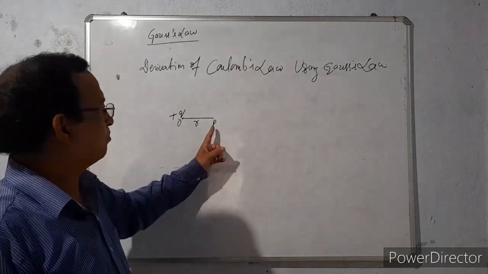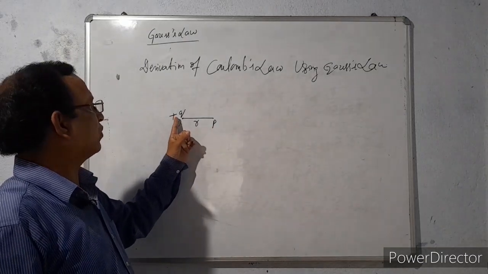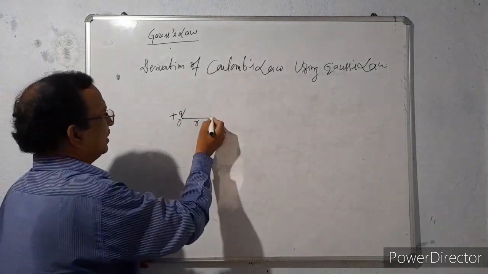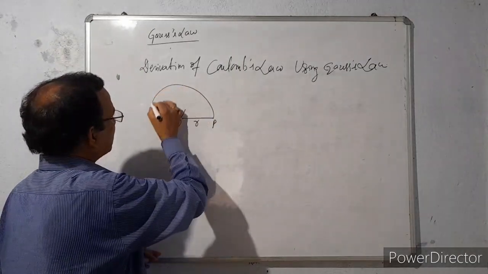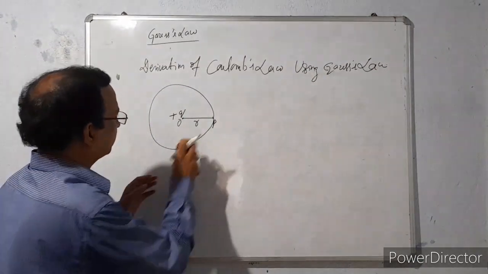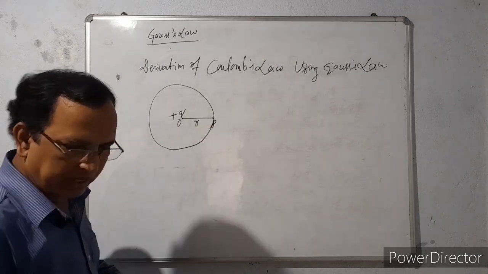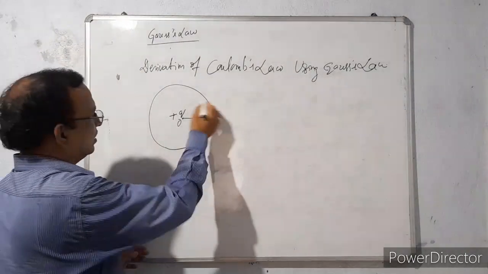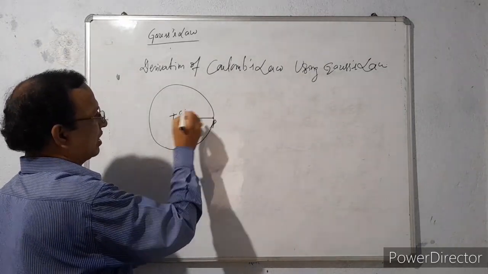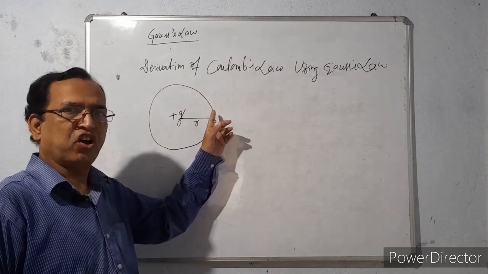Clear? P is a point at a distance r from O, at which a charge Q is located. Now imagine a sphere having center O and radius r. That means P is a point on this surface.